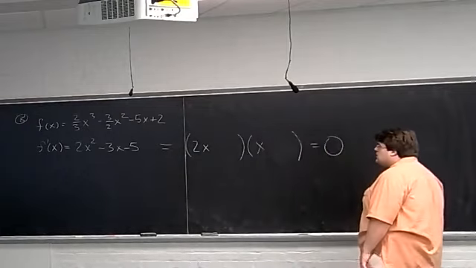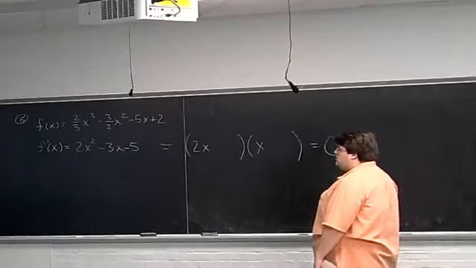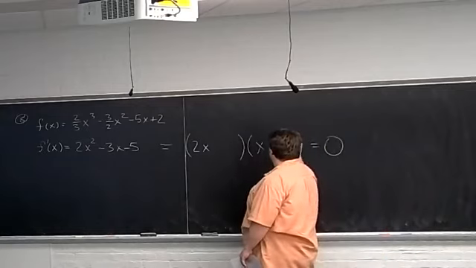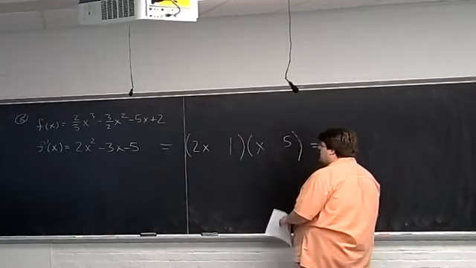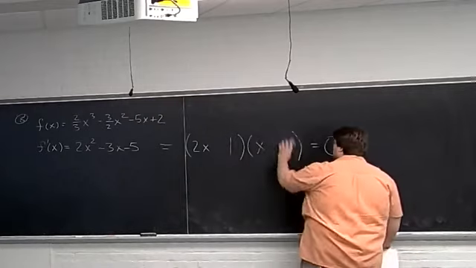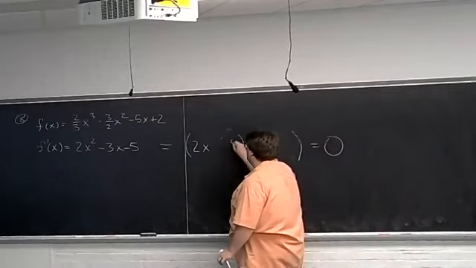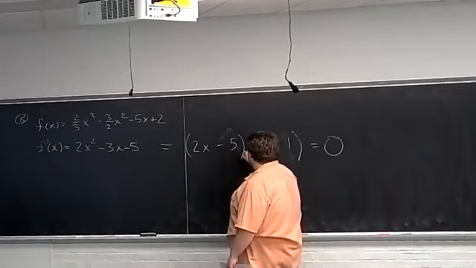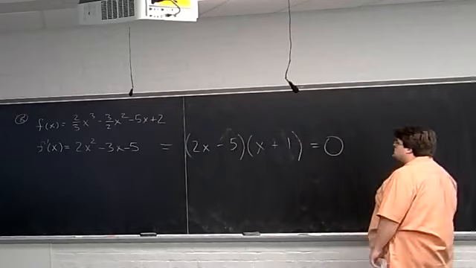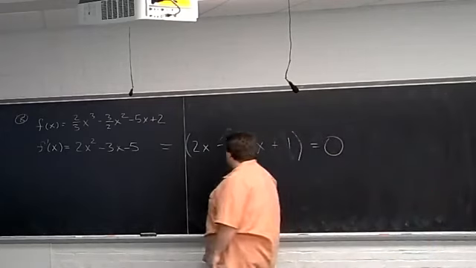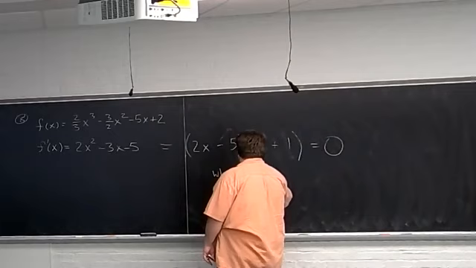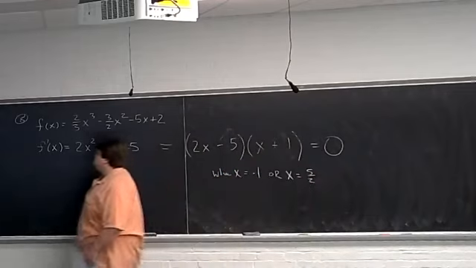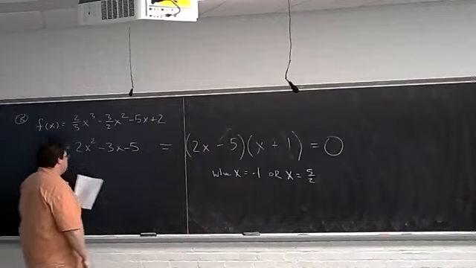We need numbers that make 5 and 3. 5 and 1 are the only way to make 5. Put a 5 here and a 1 there, that looks like it could make -3 if we make it -5x, positive 2x. When does that equal 0? When x equals -1, or when x equals 5/2. What was our interval? 0 to 2. Nice.